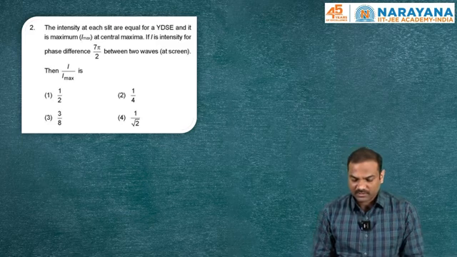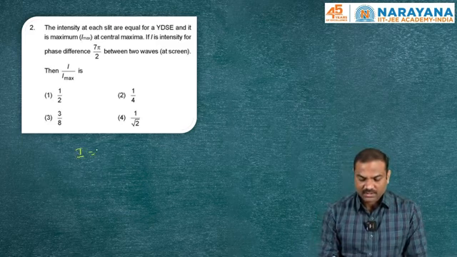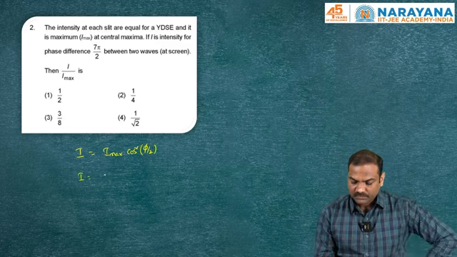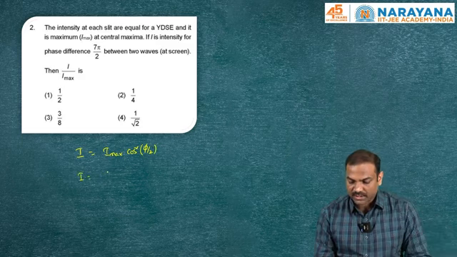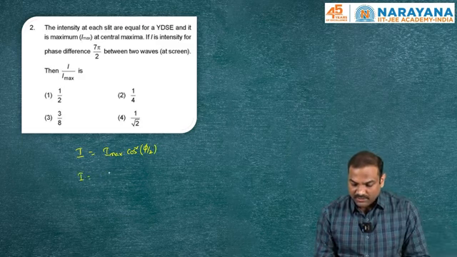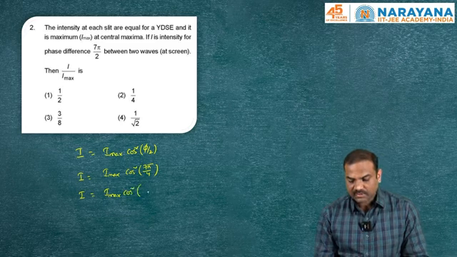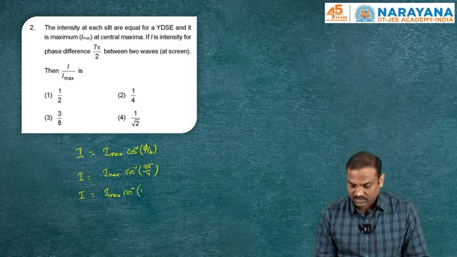Simply we can go for the formula: I is equal to I max into cos square phi by 2. The I max value is already given. So I is equal to I max into cos square 7 pi by 4, which comes to 1 by root 2.